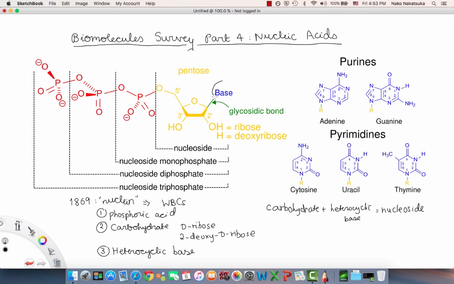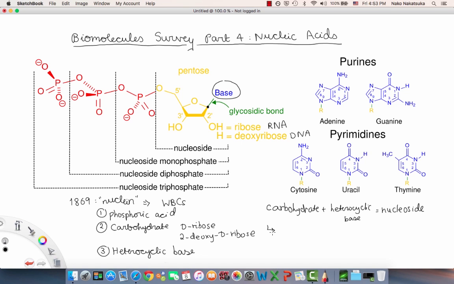So we have the base right here, and the nitrogen was bonded to the anomeric carbon right here of the ribofuranose. If the carbohydrate was a ribose, then you had ribonucleic acid, or RNA. If the sugar was a deoxyribose, then you had deoxyribonucleic acid, or DNA.